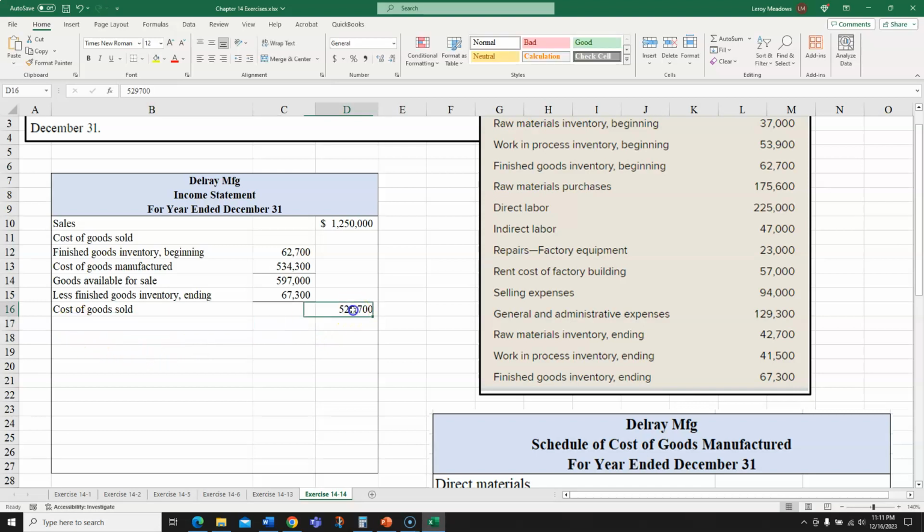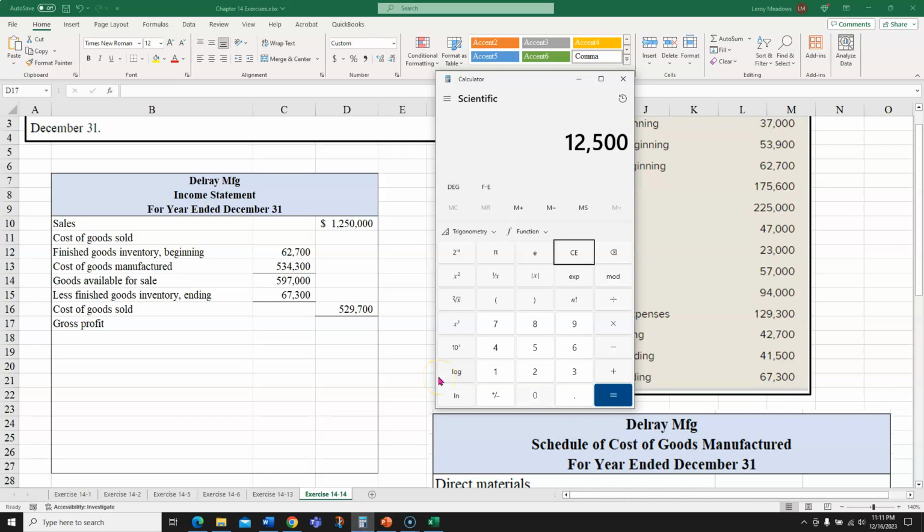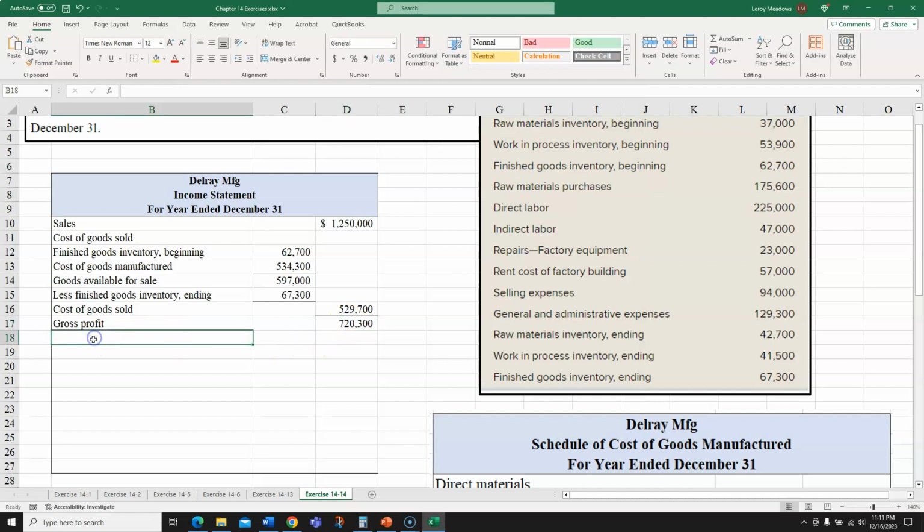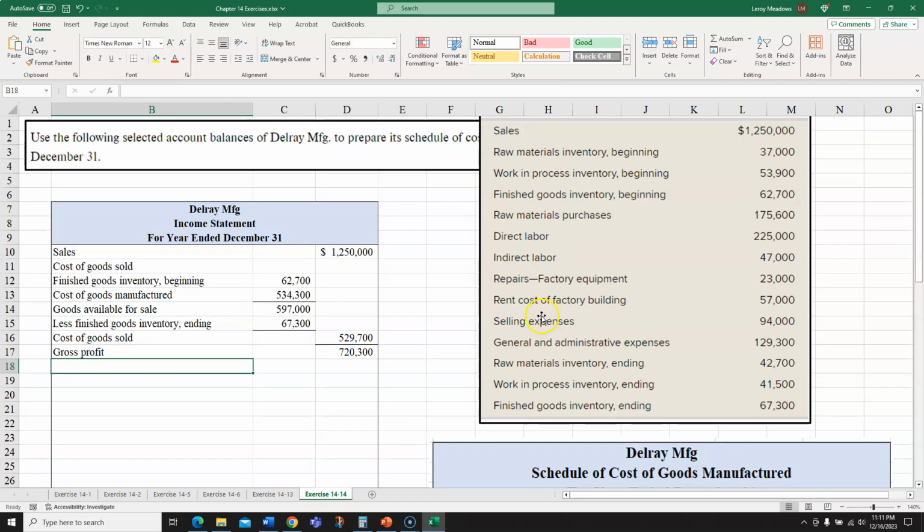So if you remember, sales minus cost of goods sold gives me my gross profit. So gross profit is how much? Let's calculate this. 1,250,000 minus 529,700 gives me gross profit of $720,300. Now, are we done? No, because we have to subtract our operating expenses, our day-to-day expenses not associated with production.